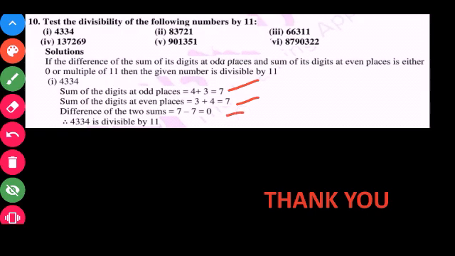If the difference is 0 or a multiple of 11, then that number is divisible by 11. Here the difference is 0, therefore the given number is divisible by 11. Similarly you can do the next questions, the second part, third part and the remaining parts of this question.